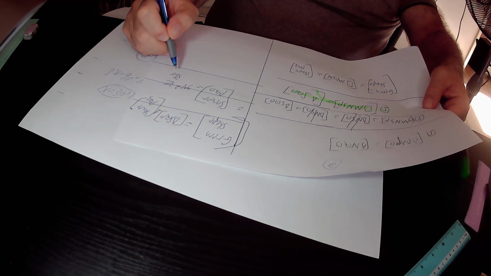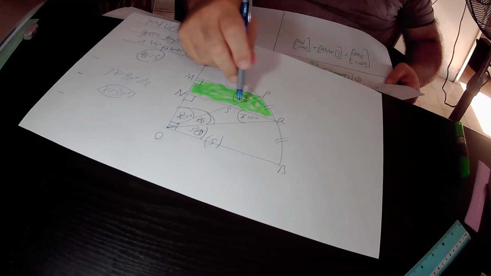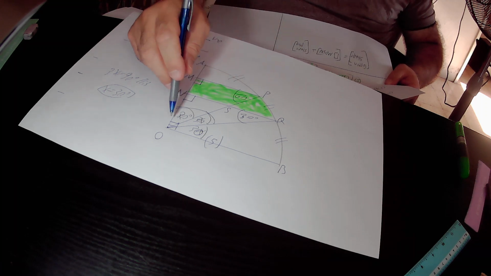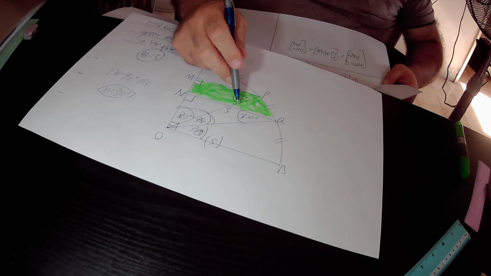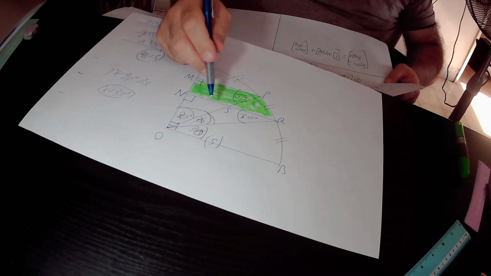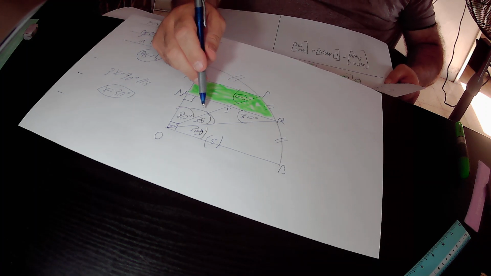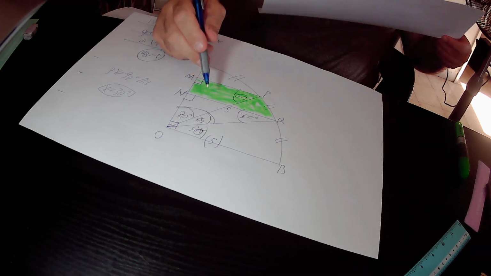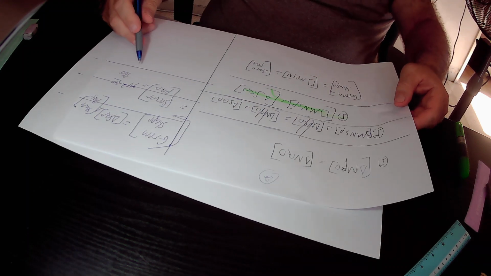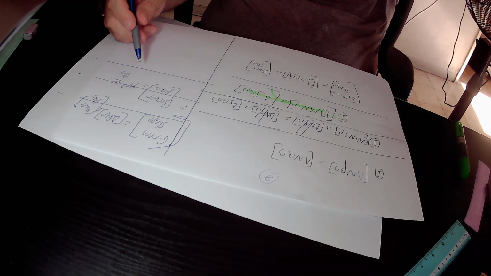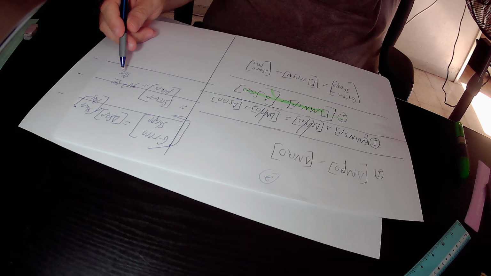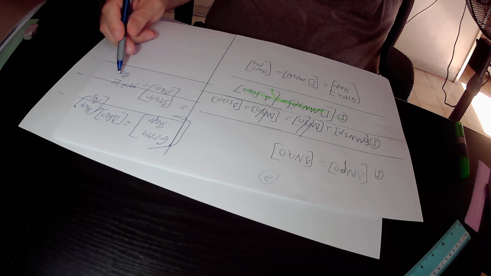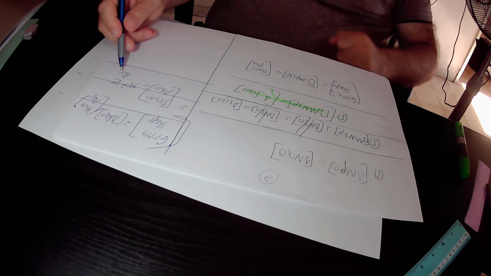So in total the area of this green shape equals the area of sector PQO, which equals pi r squared times 30 degrees over 360 degrees.